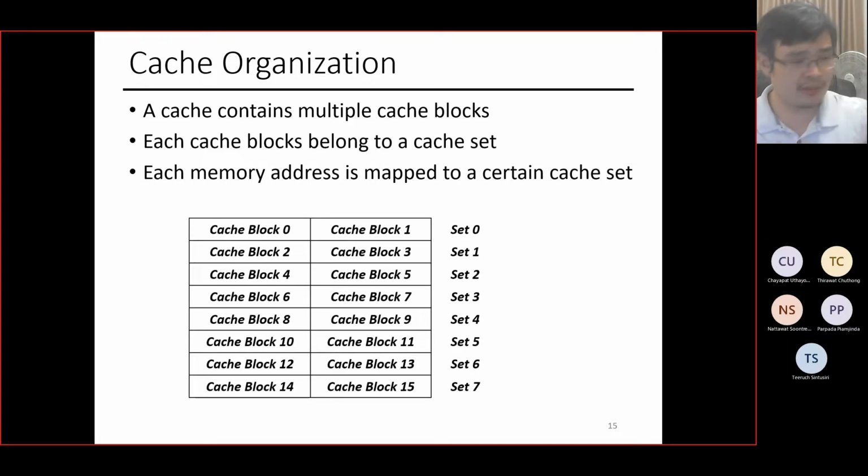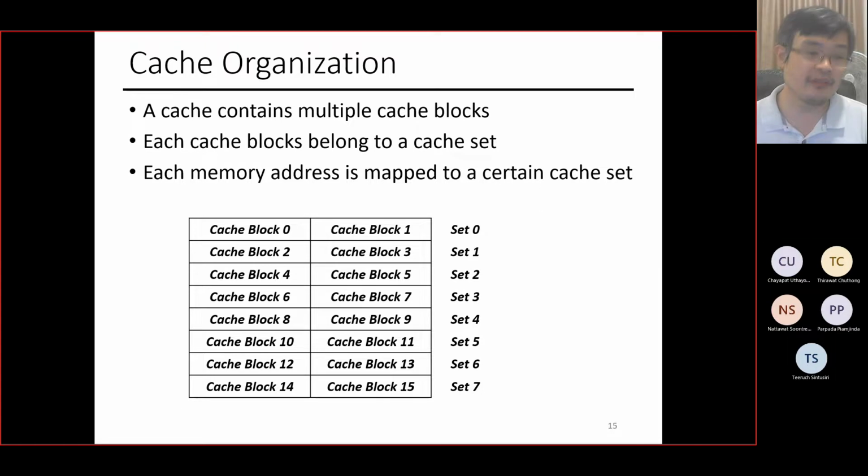So let's say we have one example of a cache over here. You have 4 sets, 16 blocks in total. So we have block 0, block 1, and so on, right? And as I said, these blocks would belong to one of the sets.